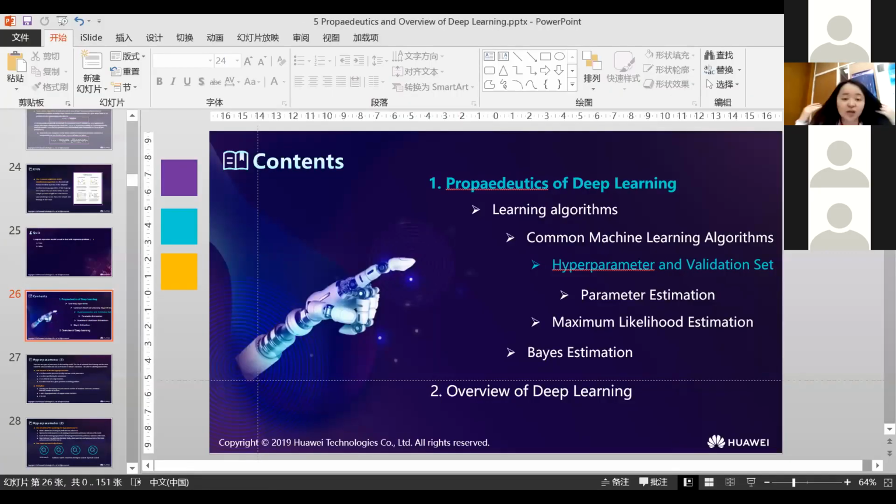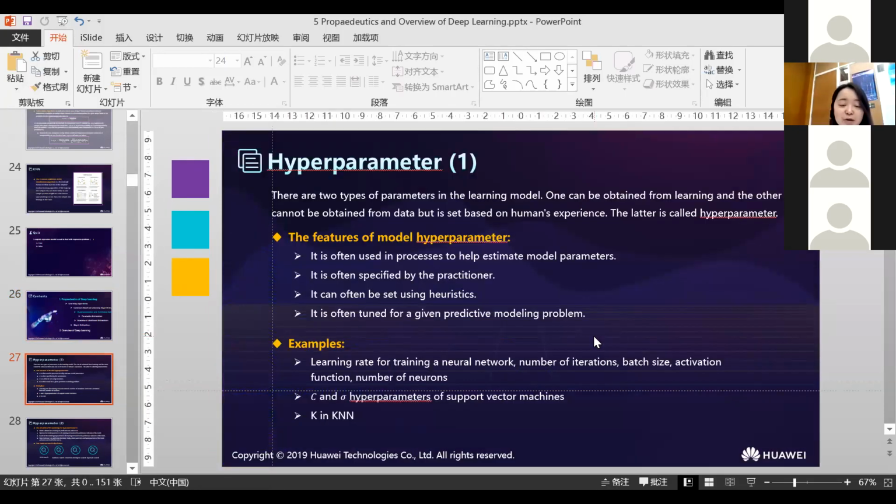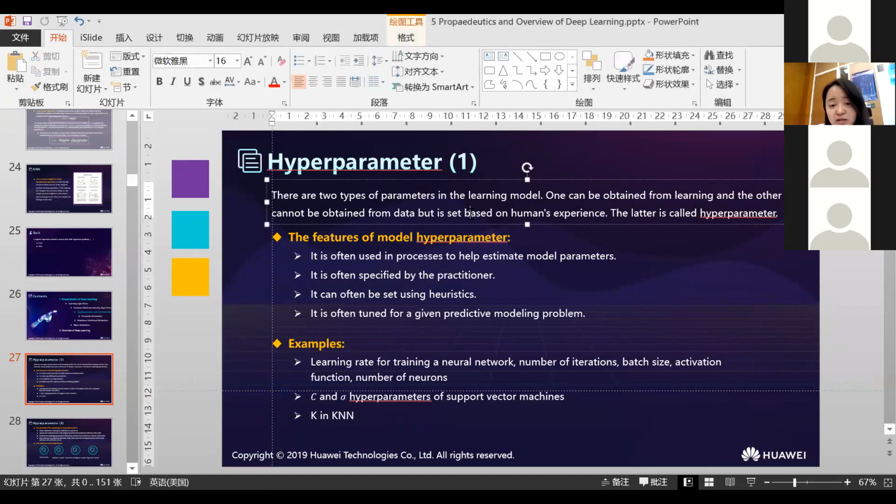So we will continue to talk about hyperparameters and the validation set. For hyperparameters, we've introduced what a hyperparameter is. Hyperparameters are parameters that can only be obtained based on our experiments.